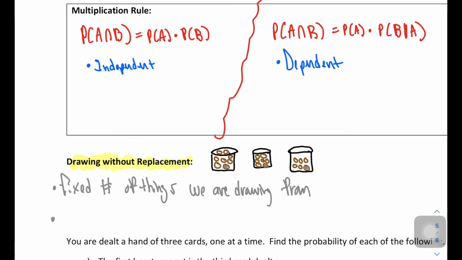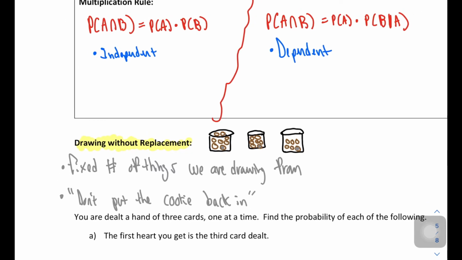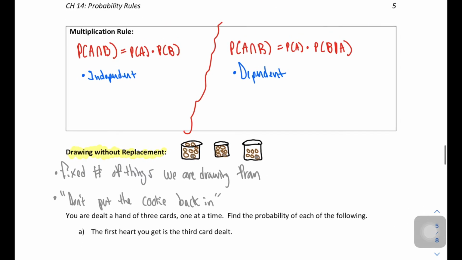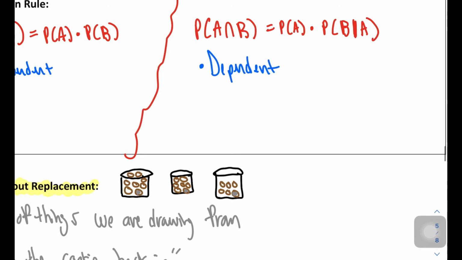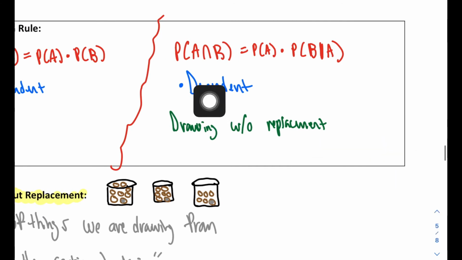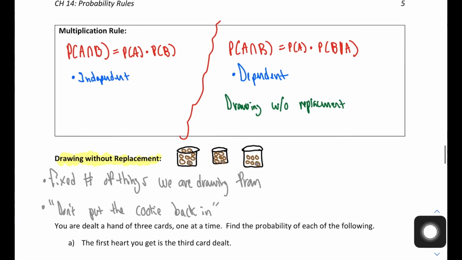Think of it as you don't put the cookie back in. Drawing without replacement is dependent. Each of the probabilities is going to change depending on what happened right before it.